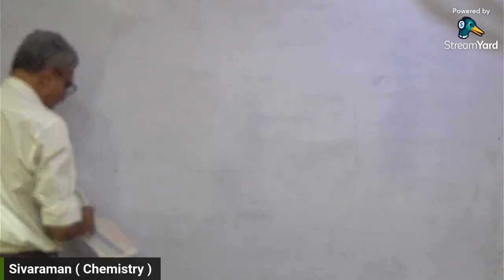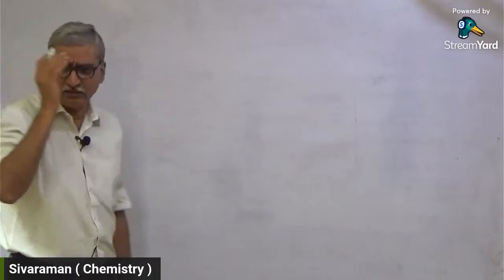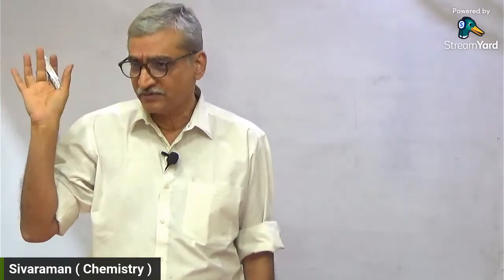I told you, normally in the board they ask a question: anomalous behavior of nitrogen, anomalous behavior of oxygen. Much more important is anomalous behavior of fluorine in the next chapter. Very, very important. There, every question is an MCQ. Is it clear?